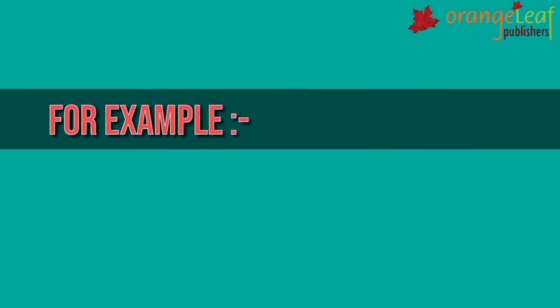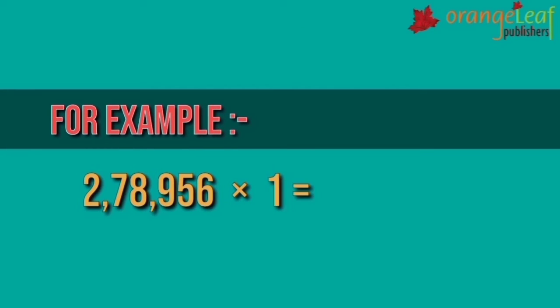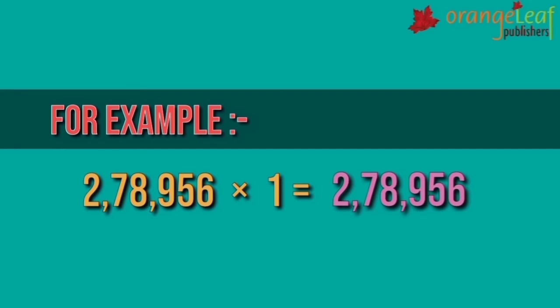Any number multiplied by 1 gives the number itself. This is called the multiplicative property of 1. For example, 2,78,956 into 1 is equal to 2,78,956.